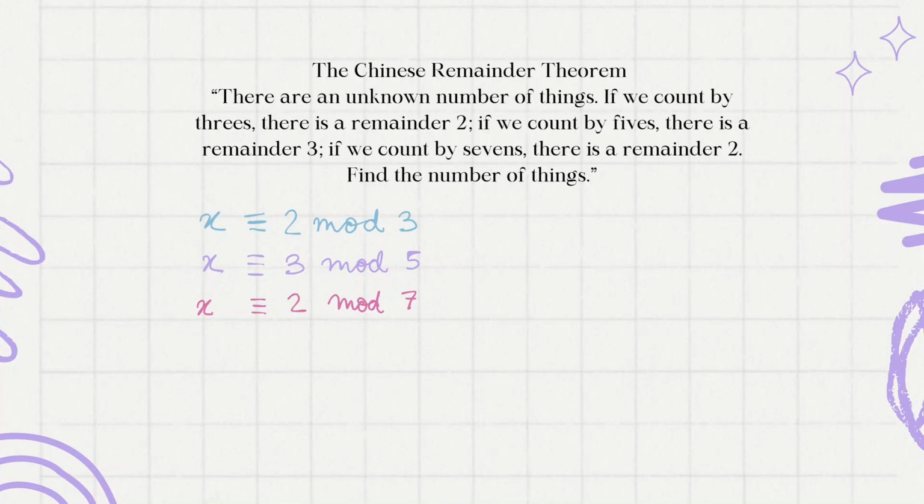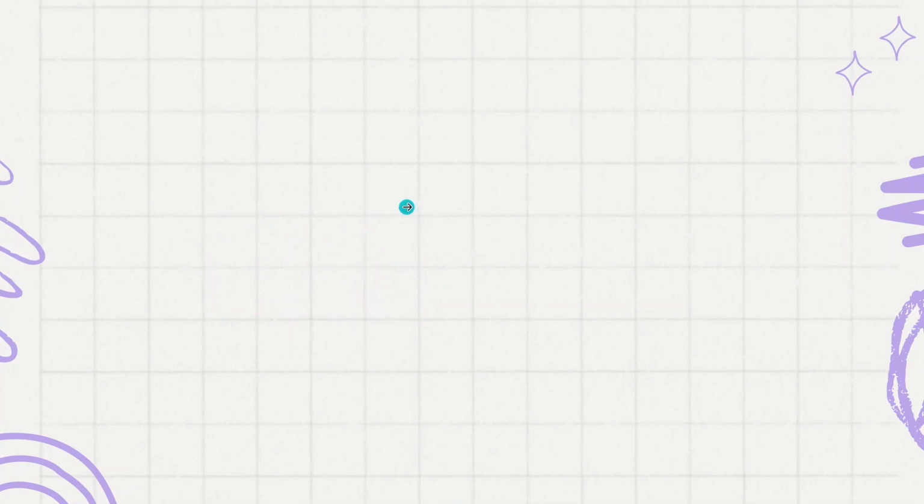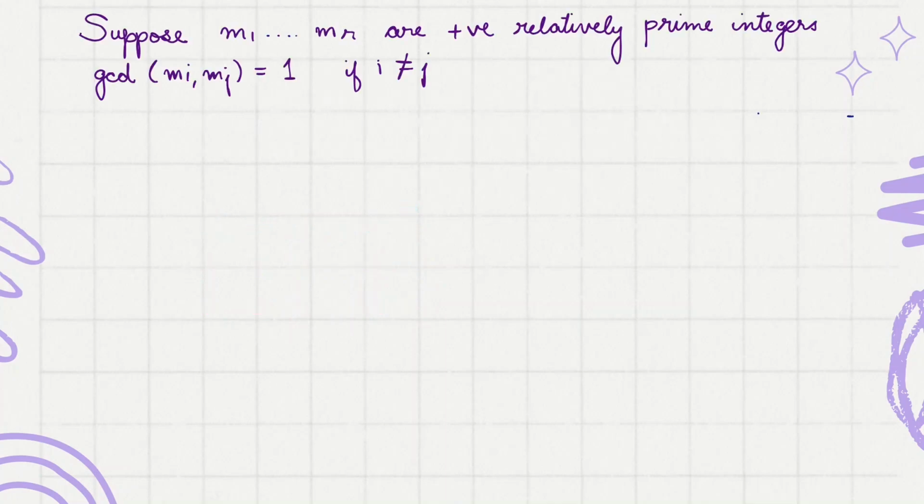So the Chinese remainder theorem says that any system which looks like this has a unique solution x modulo the product of these numbers. That's stated in a general form. Suppose m1 till mr are positive relatively prime integers. Because they're relatively prime, the GCD of any two of them is 1.